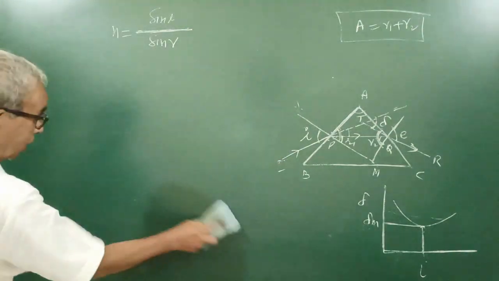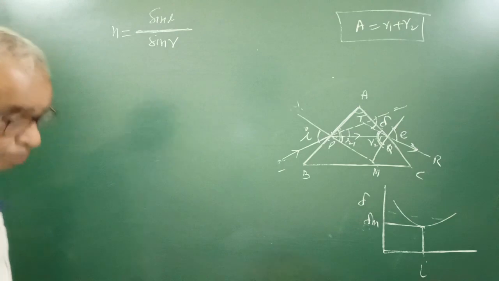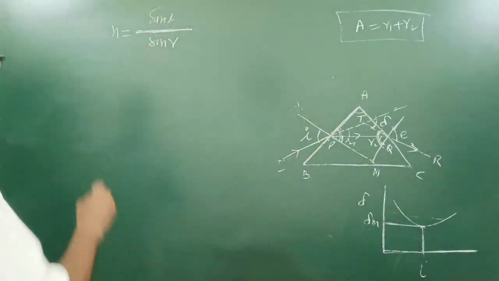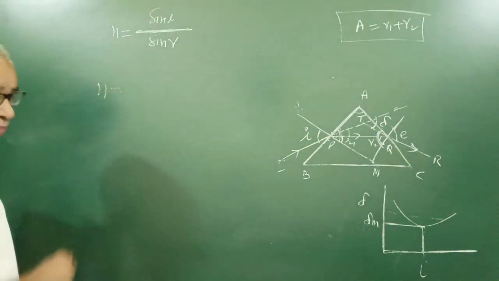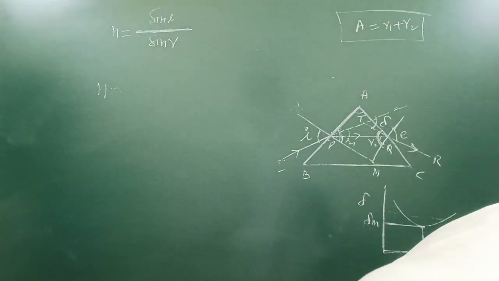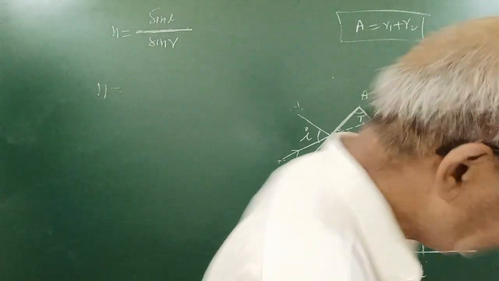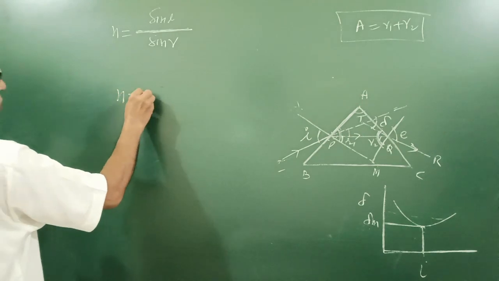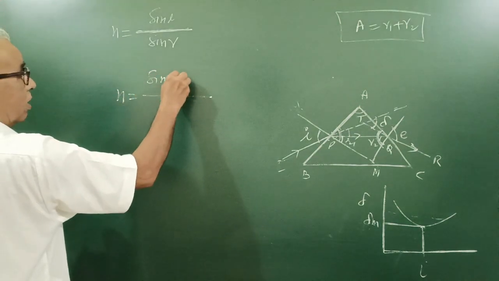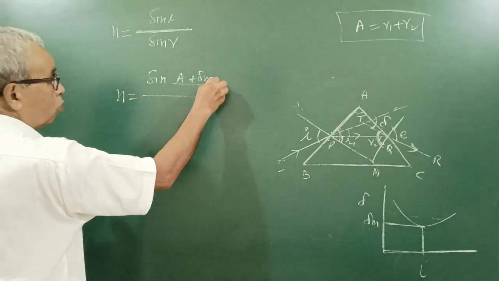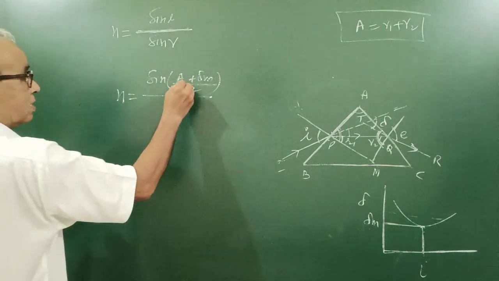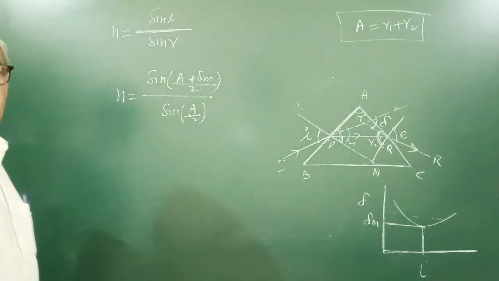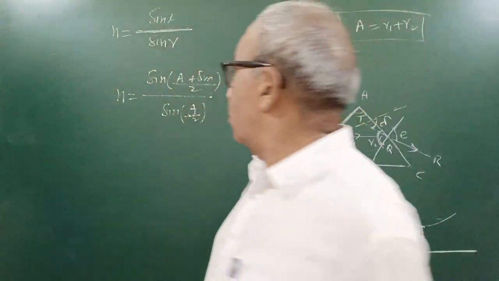So I equal to (A plus delta m) by 2, hence n is equal to sin of (A plus delta m) by 2, write it fully here, upon sin A by 2. I hope you have got it.